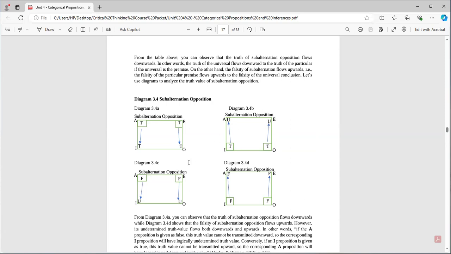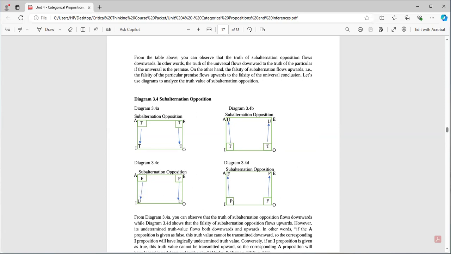The same thing here. Now, if the universal is false, the entire universal set is false, we cannot tell about some members of the universal set. They are part of it. So if members are part of it, it could be that some members are false, some members are not false. So when the universal is false, the particular is undetermined.